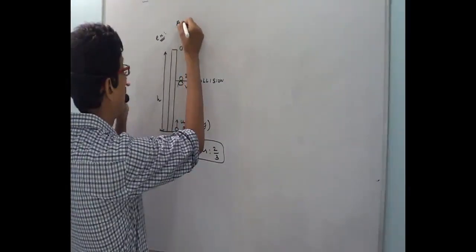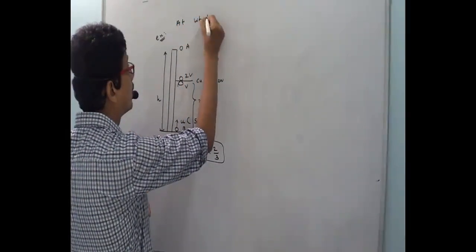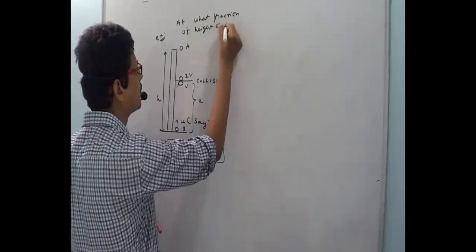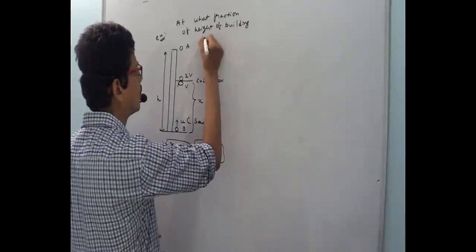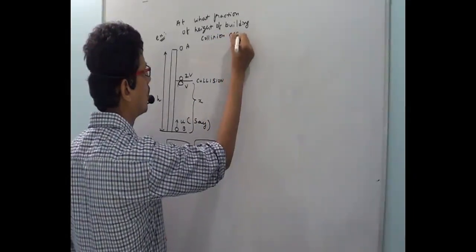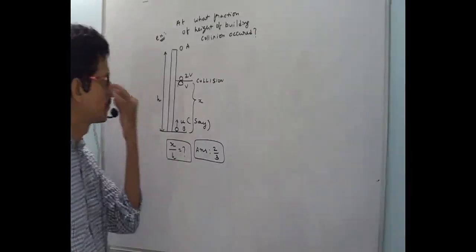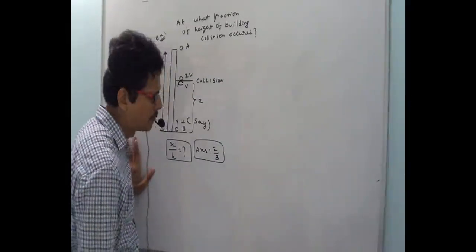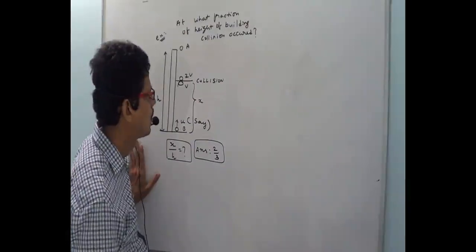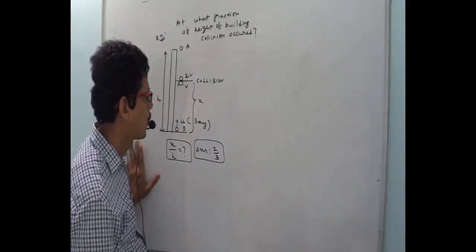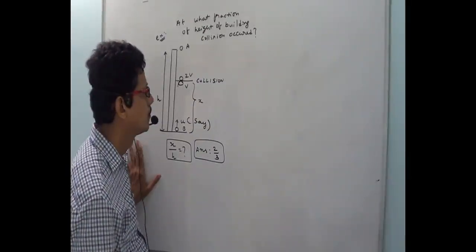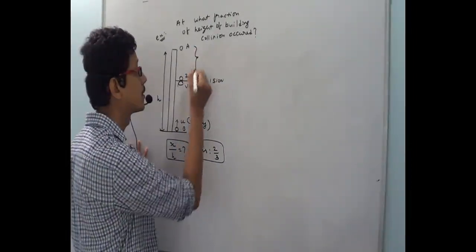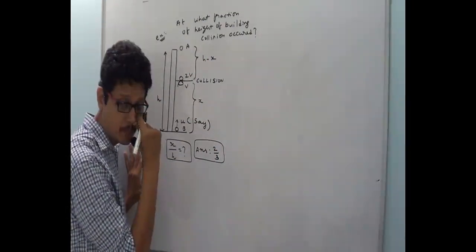At what fraction of height of the building did the collision occur? What shall we do, tell me. First, this distance is x, what is this distance? h minus x.